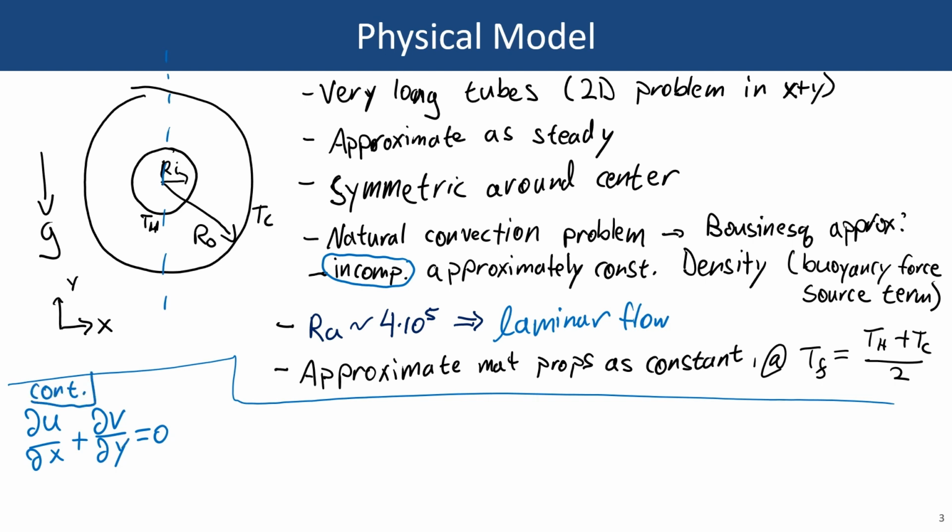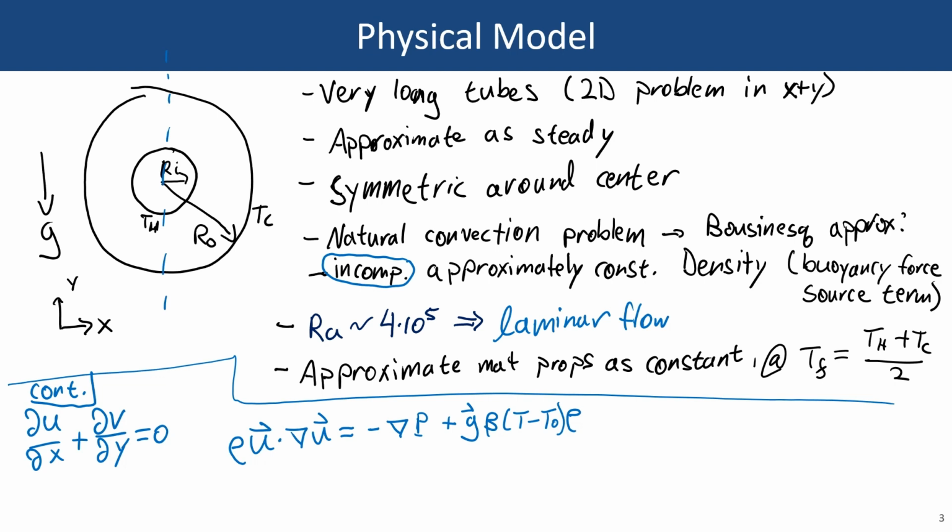We have the x and y momentum equations, and we'll write those in vector form. For the steady flow, we can write the following: rho u dot grad u, this is the vector form of the equation on the left-hand side. This is going to equal minus grad p, the pressure force, and then we have the buoyancy force, which is going to be plus g beta (T minus T naught) times rho, and here g is a vector.